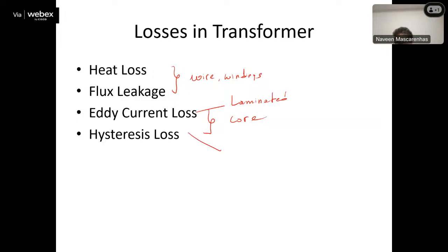To minimize the losses due to hysteresis, we select a particular material, made up of soft iron maybe. To minimize the flux leakage, we go for tight coupling. Two wires are wound one over the other so that the entire flux linked with the primary is also linked with the secondary. To minimize the heat loss, we use good gauge wires.